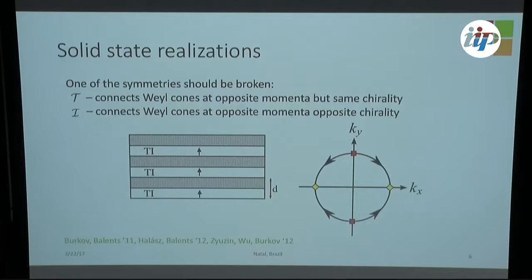So if you have both of them, then you necessarily have 2 Weyl cones at the same position with opposite chiralities. Thus, with a small perturbation, you can in principle gap it out.